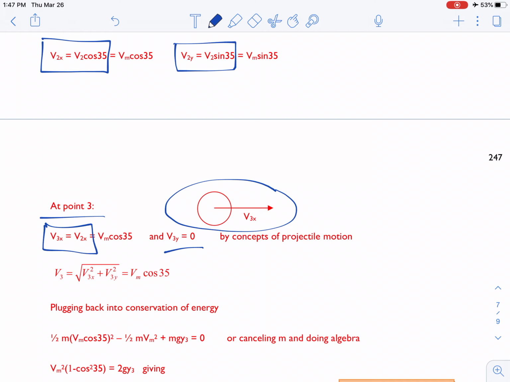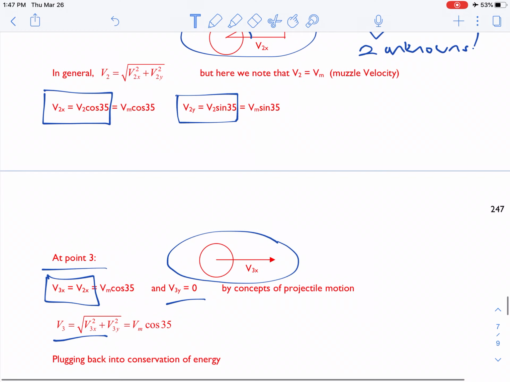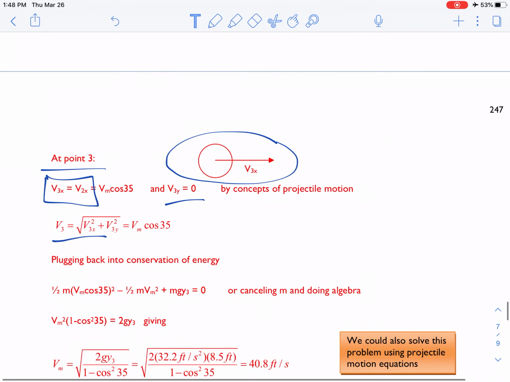So v3 can also be written in the same form. Instead of using 2 and 3, we are labeling the velocity something common. It's a muzzle velocity, so we can maybe use Vm instead of V2, and that gives a relation between V2 and V3.